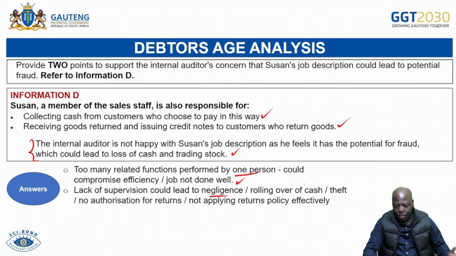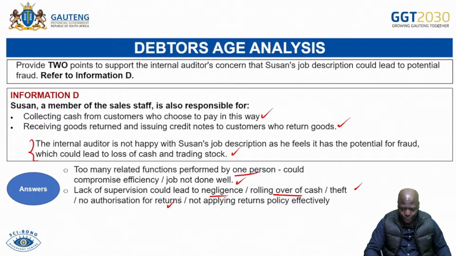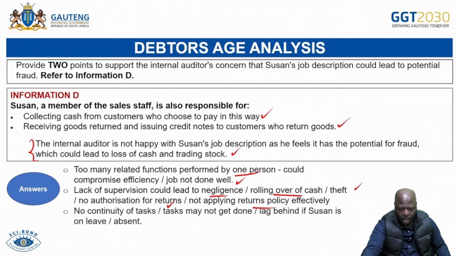And if there's no supervision, we can end up with rolling over of cash. And then there can be theft as well. And no authorization of returns is also an issue. That could lead to not applying the returns policy effectively. There's no continuity of tasks, and then tasks may not get done, and there can be a lag if Susan is absent.